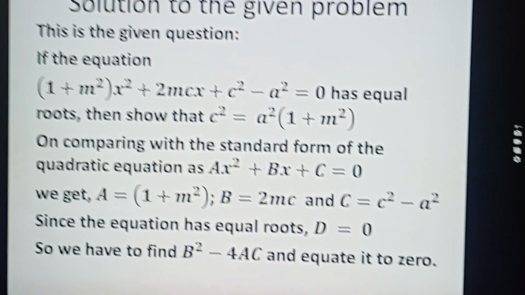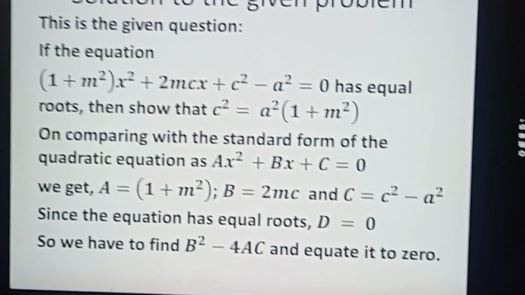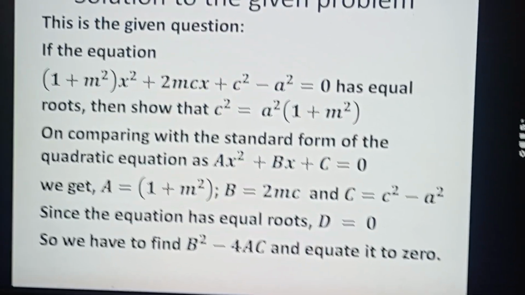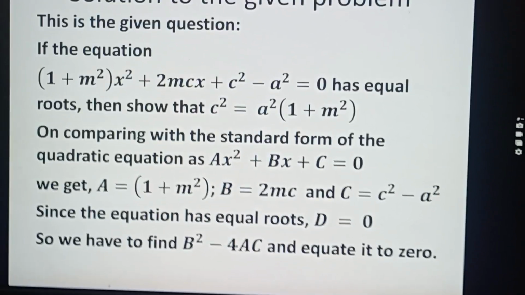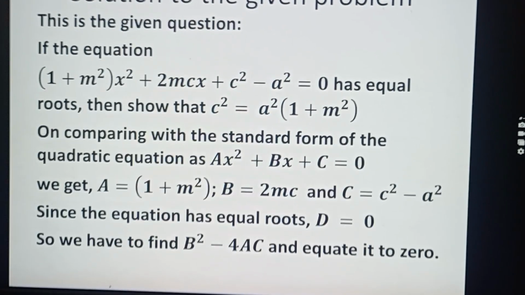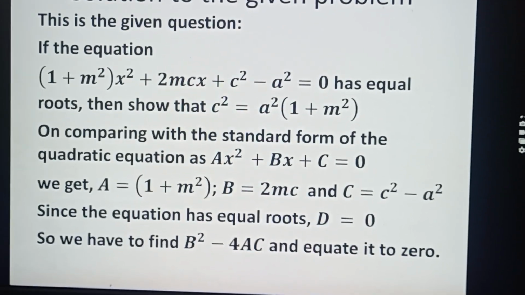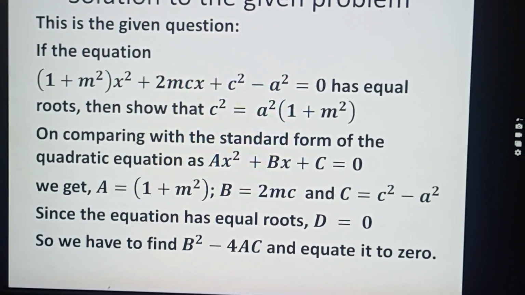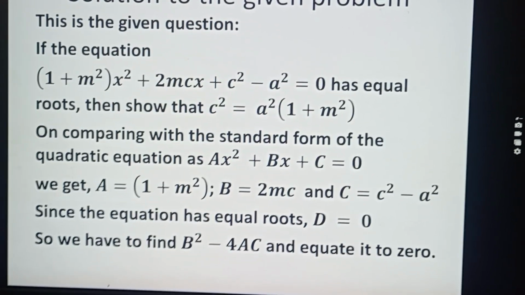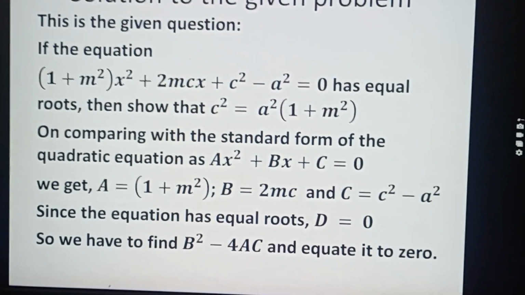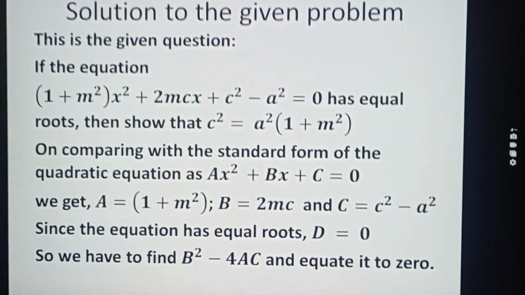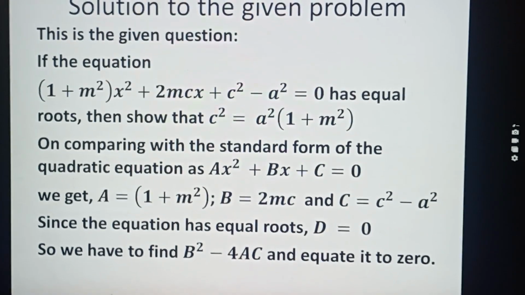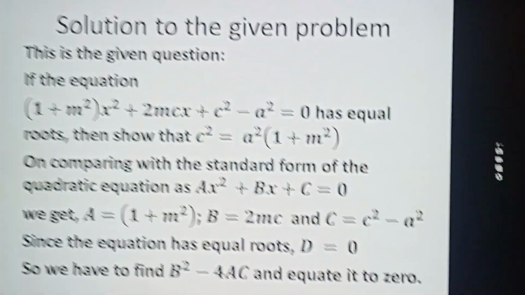Capital B, the coefficient of x, is equal to 2mc, and capital C is equal to c² − a², the constant term. Since the equation has equal roots, D is equal to 0, so we have to find B² − 4AC and equate it to 0.